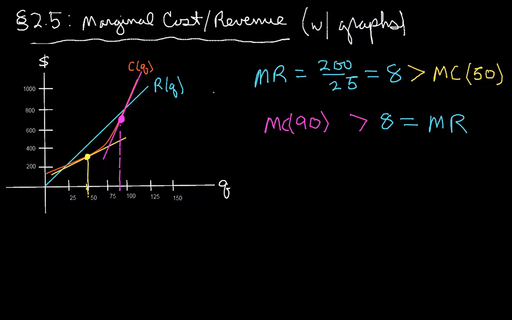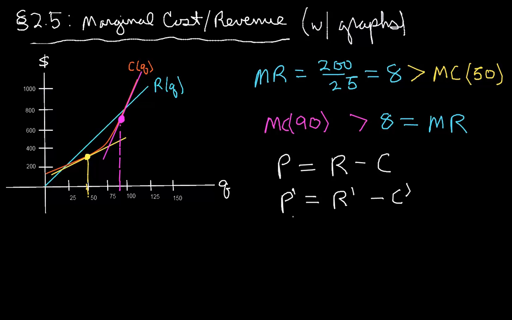Okay, so let's see, what do these two facts imply about the profit? So remember, profit is equal to revenue minus cost. So if we take the derivative of this equation, we'll get P prime equals R prime minus C prime.